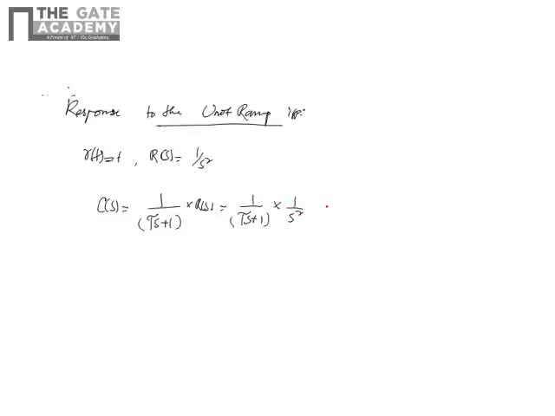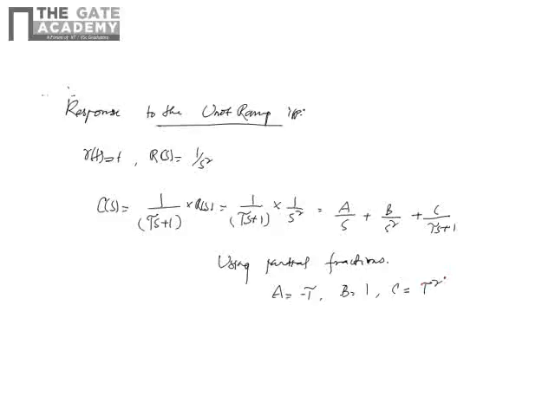So this can be again partial fraction: A by s plus B by s square plus C by tau s plus 1. So using partial fractions, after finding the values, A equal to minus tau and B equal to 1 and C equal to tau square.